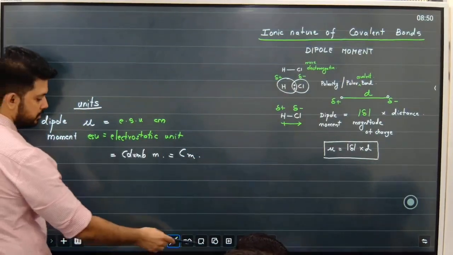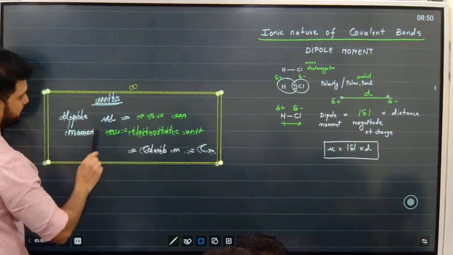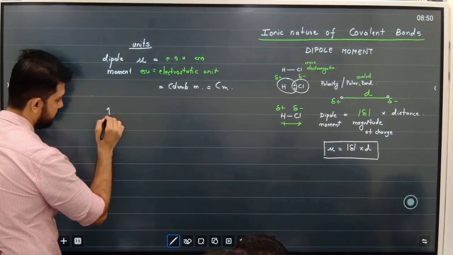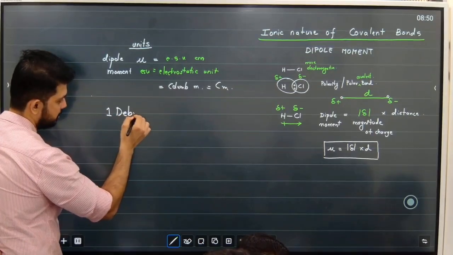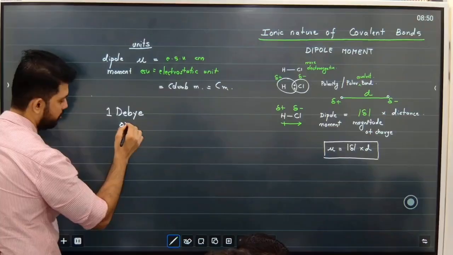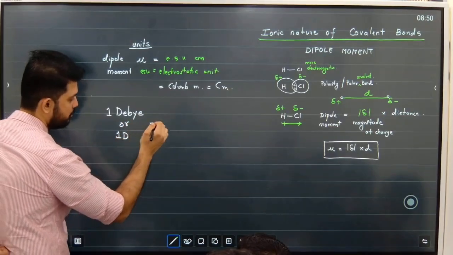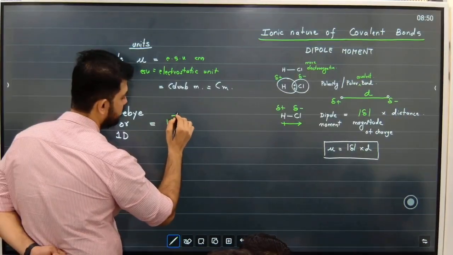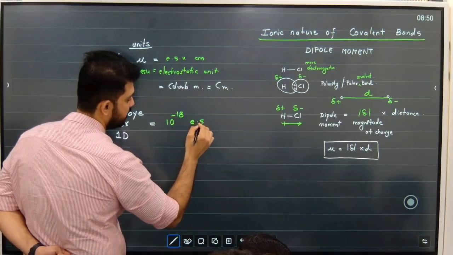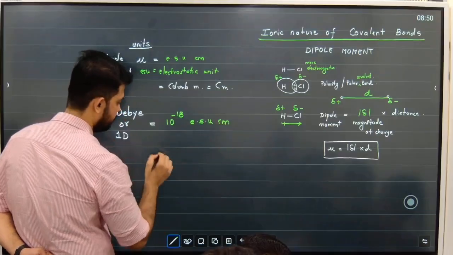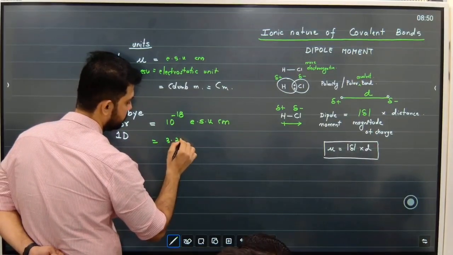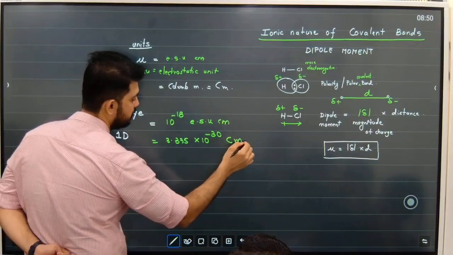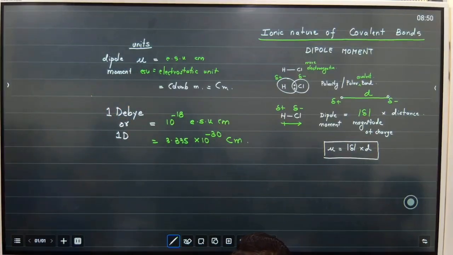Now there's one more unit, named for the scientist who gave the dipole moment, which is called the Debye, D. 1 D, dipole moment is also given in terms of Debye, is equal to 10 raised to minus 18 ESU centimeter, or 3.335 into 10 raised to minus 30 Coulomb meter.